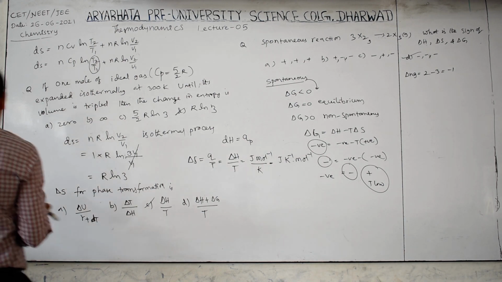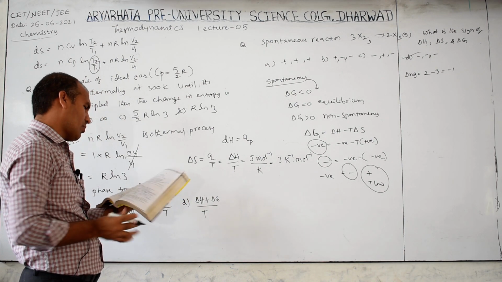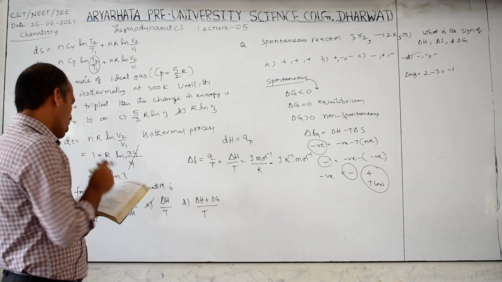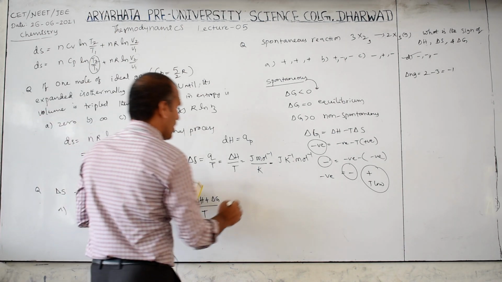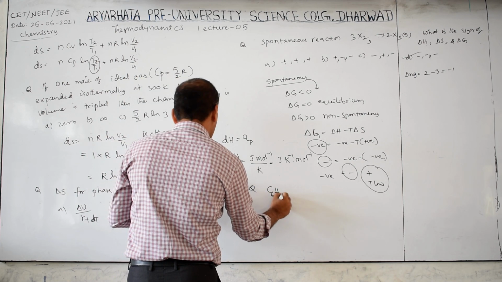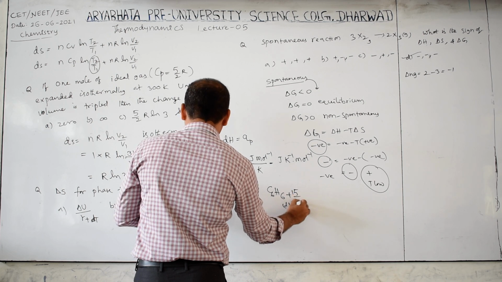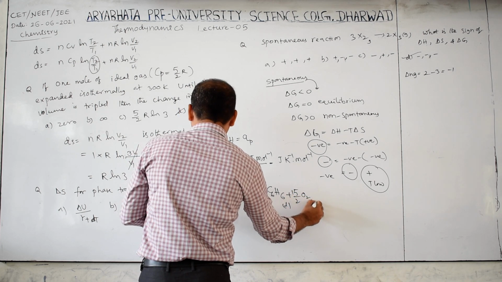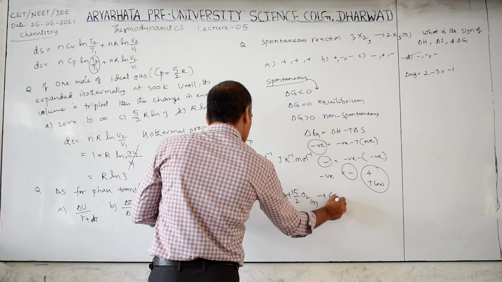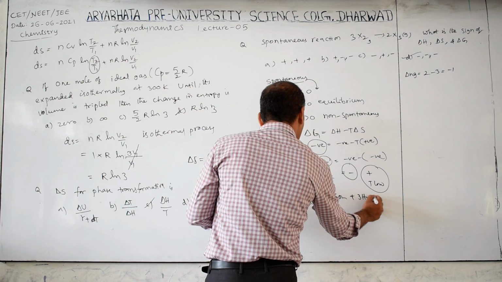Next. Similarly, like this one question. Consider the following reaction: C6H6 liquid plus 15/2 O2 gas gives rise to 6CO2 plus 3H2O gas.